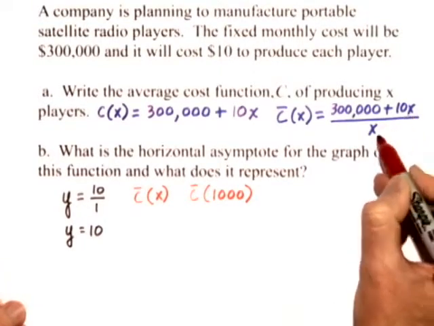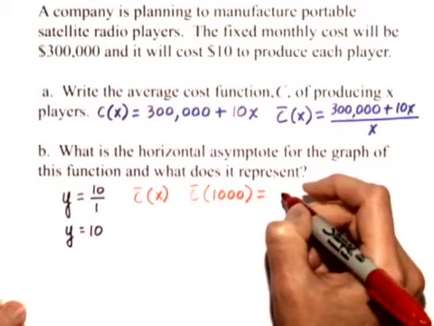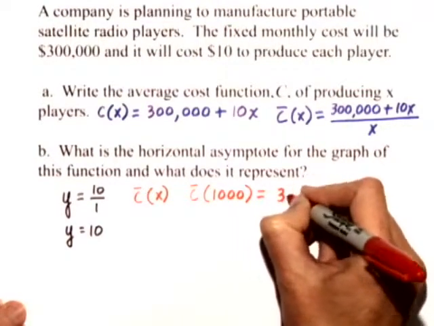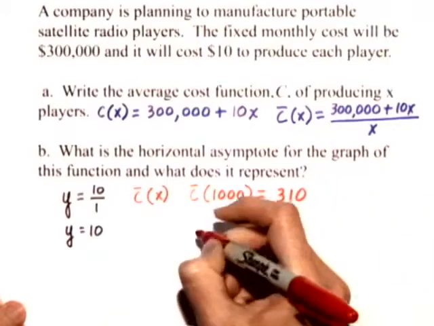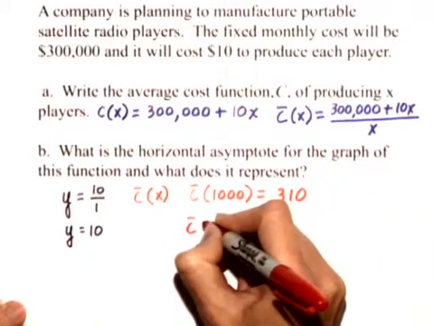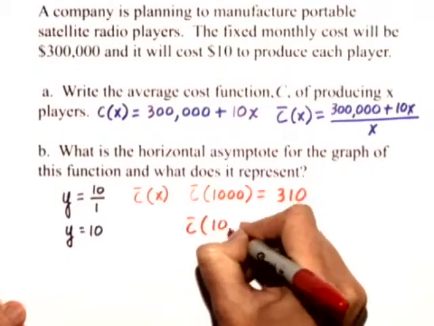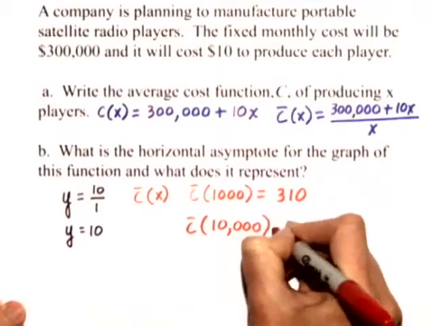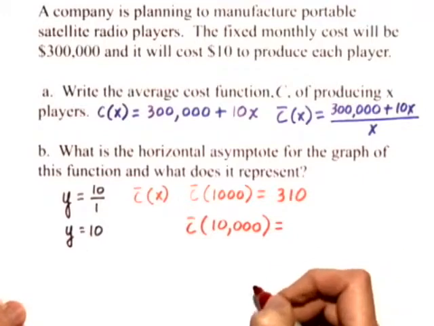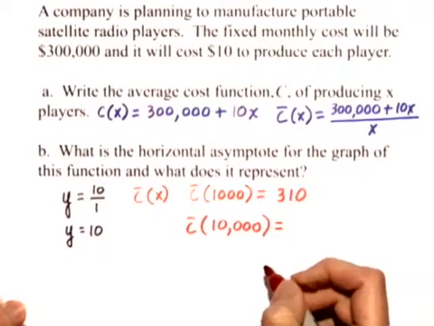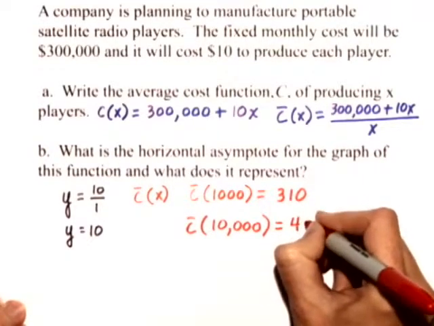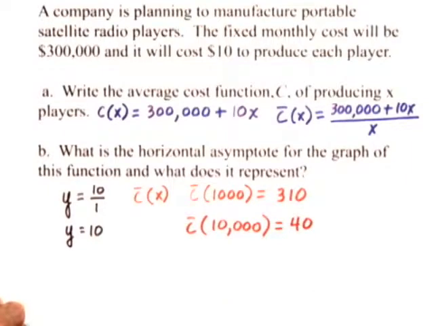If we substitute 1,000 in here and calculate it, we'll get a cost of $310. Let's increase that number and say, let's find the average cost when we're producing 10,000 of these players. If we calculate that amount, we see that our cost goes dramatically down to $40 for each radio produced.